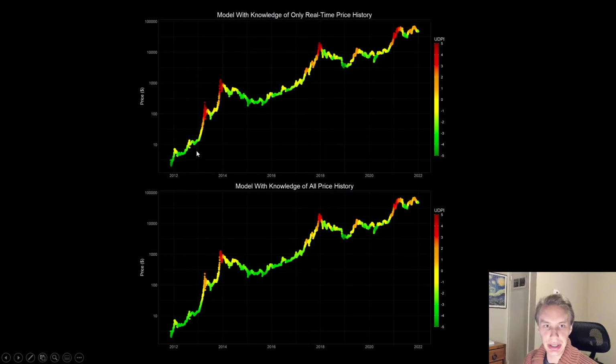And what you can see is that we can compare this simulated model, as if you had just created the UDPI back here and let it run, and these are the numbers it would have been producing throughout that entire time, with a model that has full knowledge of Bitcoin's price history. We can see that they're very similar, and in fact the one that's running in real time almost seems to be giving clearer signals than the one that has full price history.